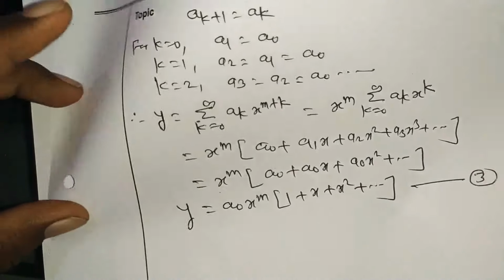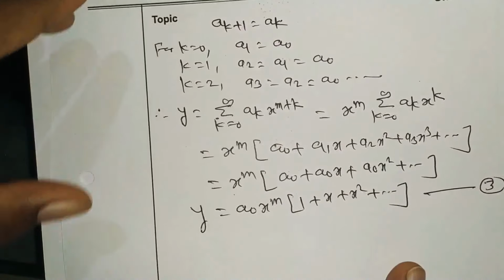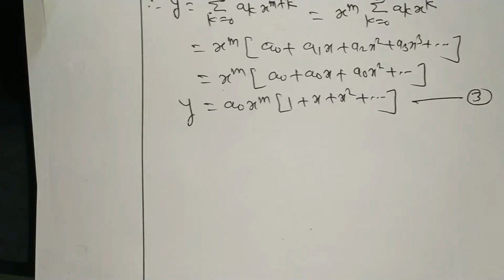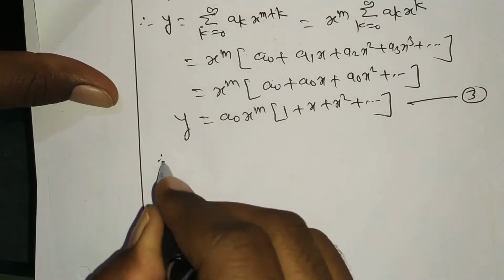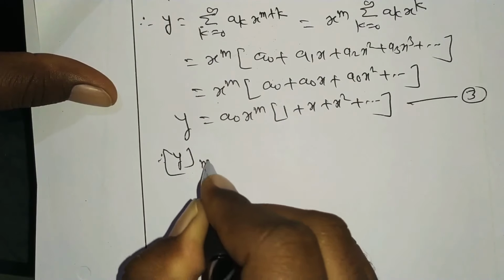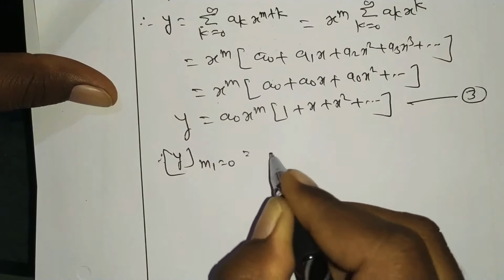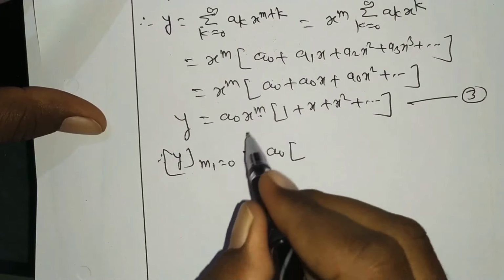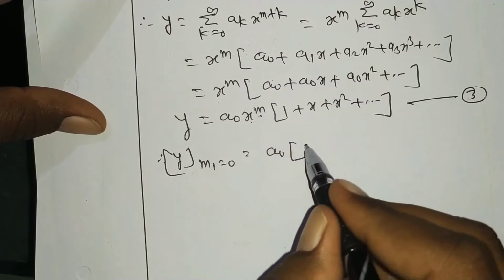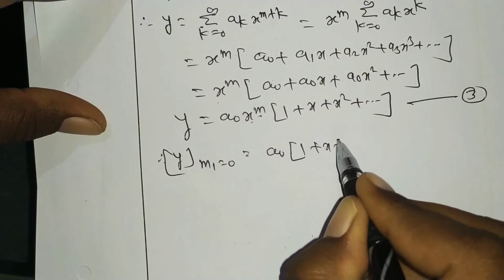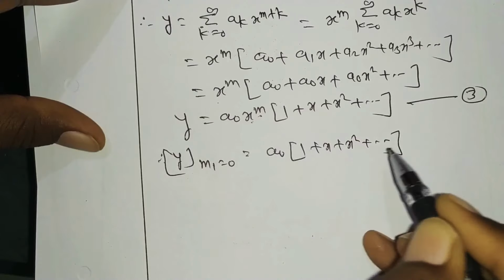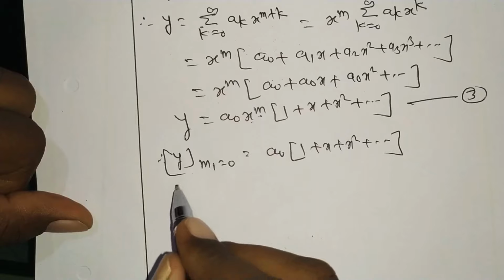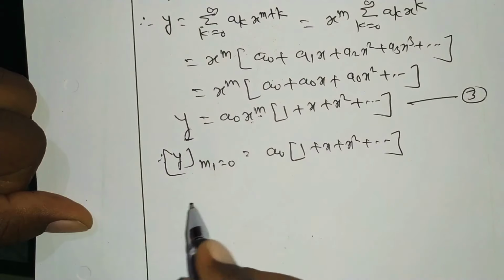Now for the solution, what we want is y at m1 and ∂y/∂m at m1. So the value of y at m1, with m1 equal to 0, is a0 into, put m equal to 0, x to the power 0 is 1, into 1 plus x plus x square plus so on. Now to find the second, ∂y/∂m, differentiate this y with respect to m.